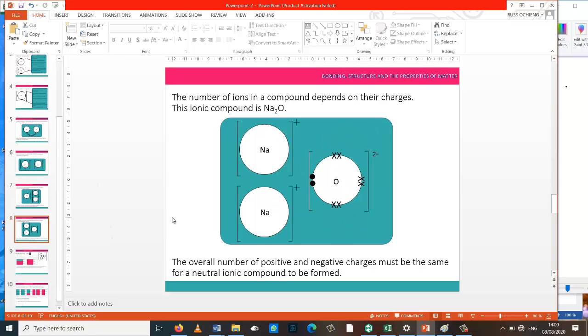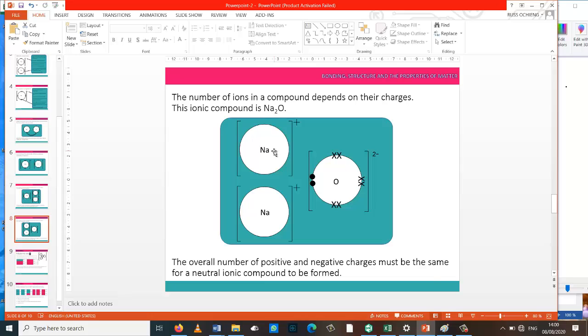Now, let us try to have a look at sodium reacting with oxygen. Remember, sodium is in group 1. Group 1 elements react by losing only 1 electron, while on the other hand, oxygen is in group 6. Group 6 elements react by gaining 2 electrons to form an octet state.